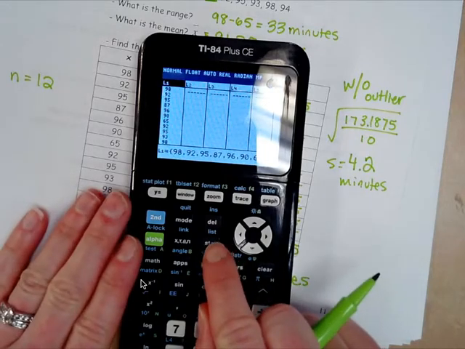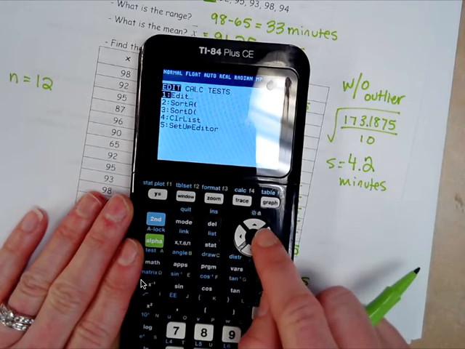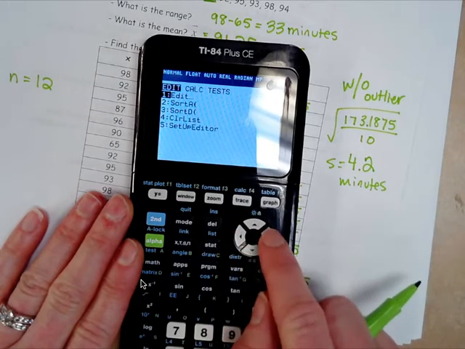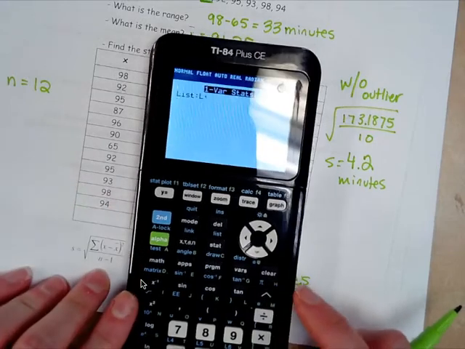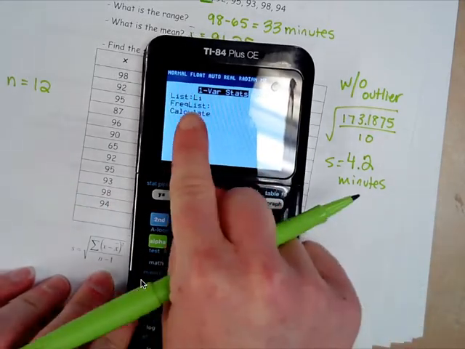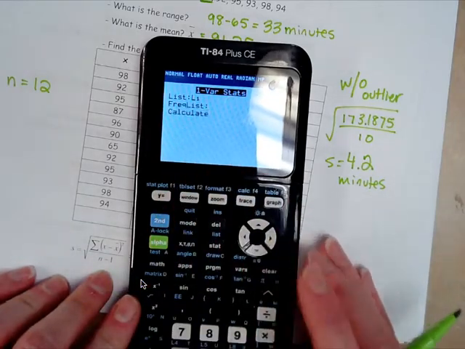So once we have it in L1, go stat, calc, one variable statistics. And then the list is L1. That's where we put our data. Now go down to calculate.